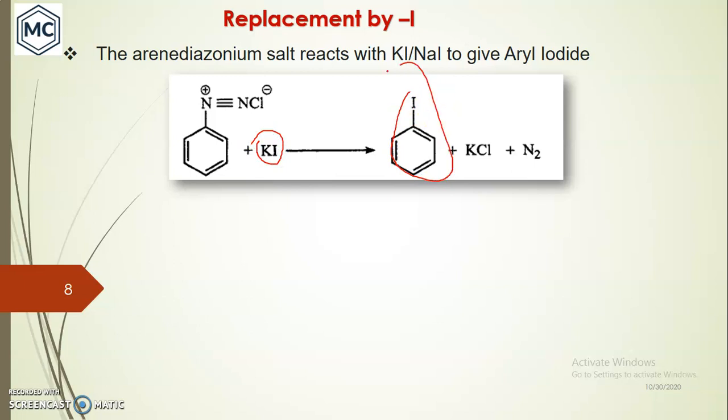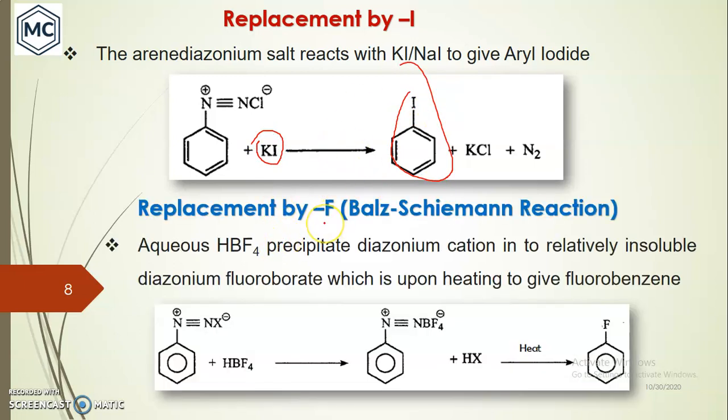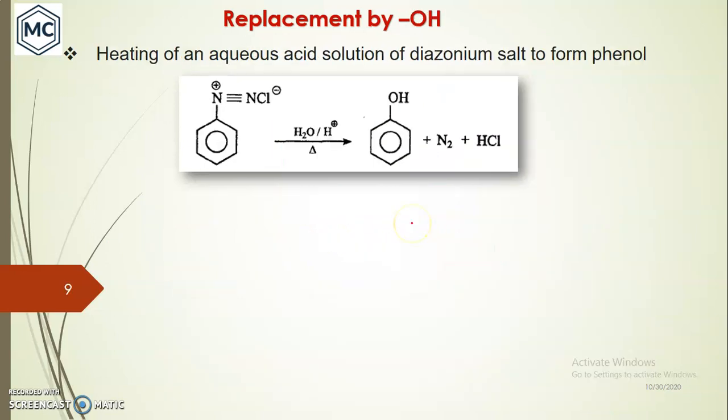And you can prepare fluorobenzene by the Balz-Schiemann reaction. Treating with aqueous HBF4 precipitates the diazonium cation as a relatively insoluble diazonium fluoroborate, which upon heating gives the corresponding fluorobenzene.